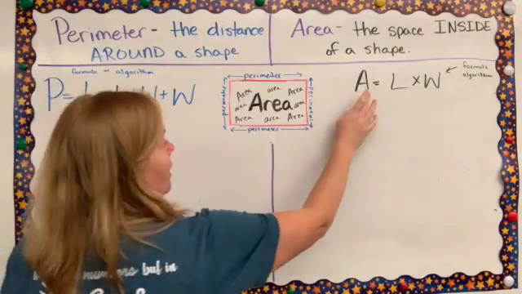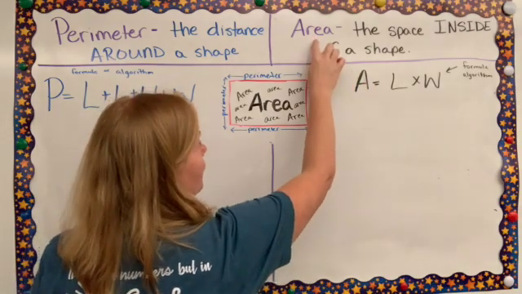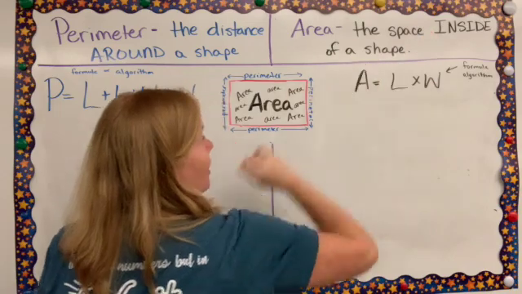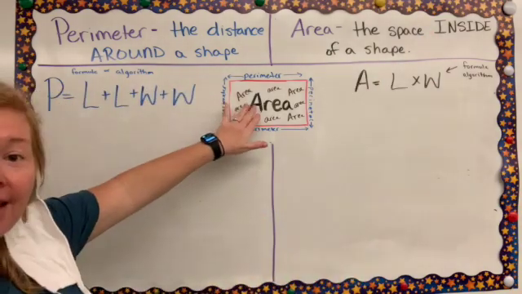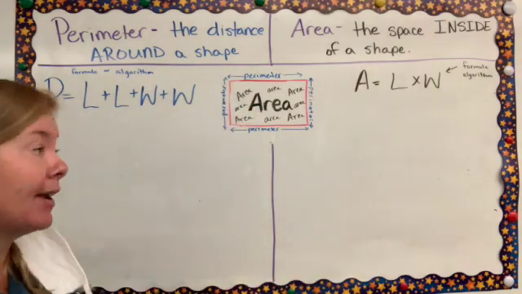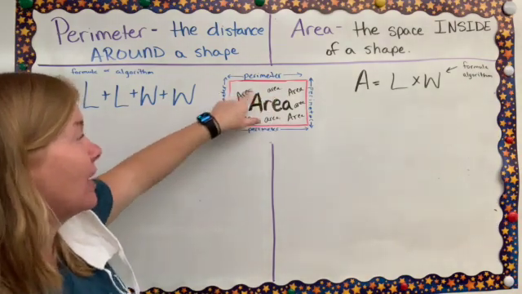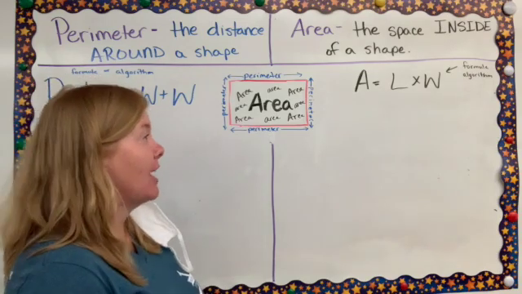And then I also included the definition for area. Area is the space inside of a shape. If you look inside of my shape here, I have written area multiple times because area is all of the space on the inside of a shape.